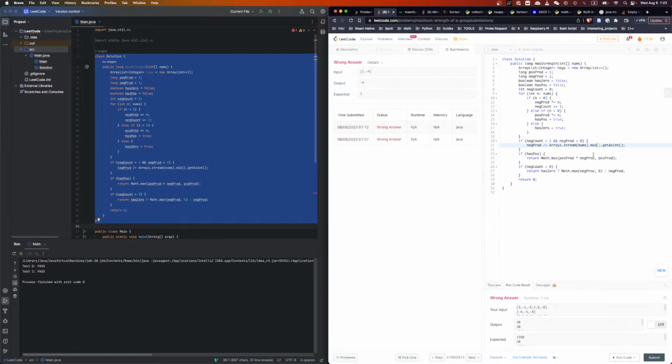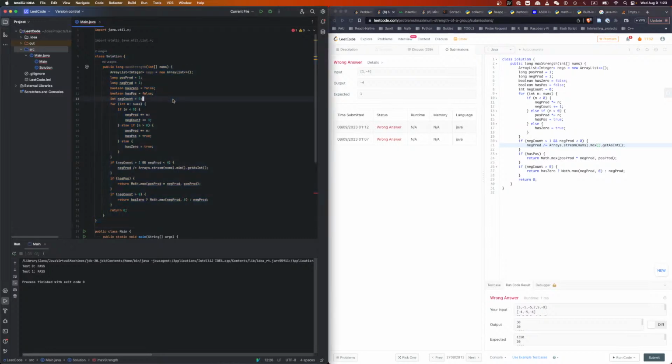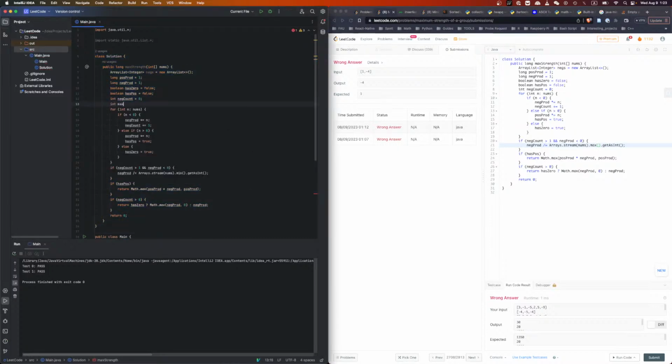Oh. I am not happy. Int max neg equals Integer.MAX_VALUE. I took a negative for this.